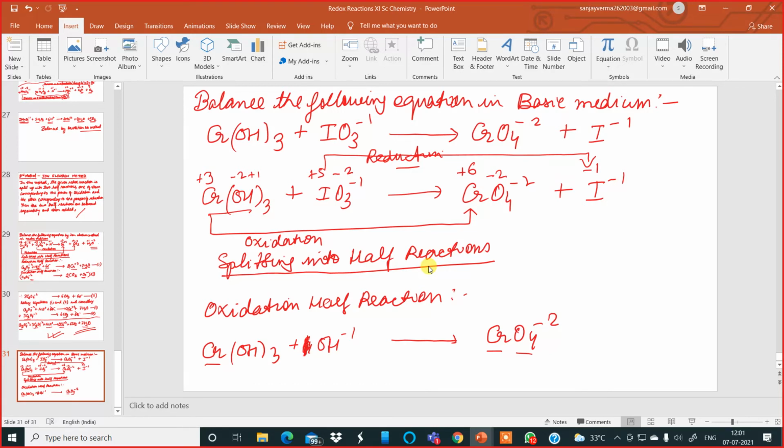But as soon as I make it 4 oxygen, then hydrogen is 3 plus 1, 4. So on the other side, to balance hydrogen, I have to put the same number of water molecules, H2O. As soon as I put 4 water molecules on the other side, hydrogen has become 4 plus 4, 8.